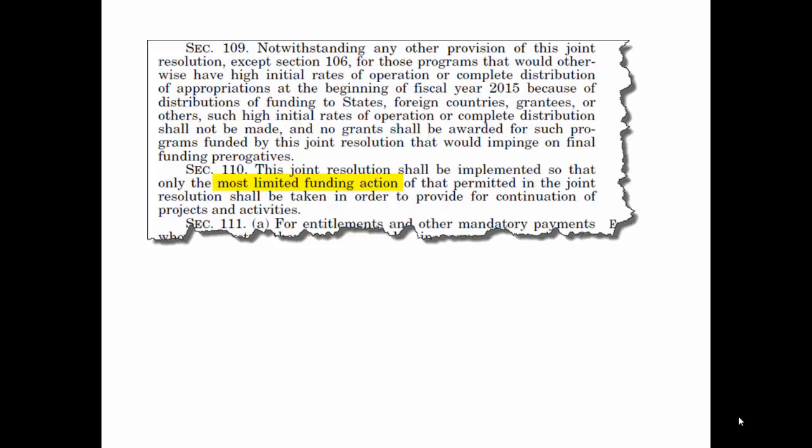This is especially important in those cases where the House and Senate differ substantially in providing for a particular program, perhaps even zeroing it out. This language is the primary reason why OMB has such strict rules for automatic apportionment of funds under a CR.